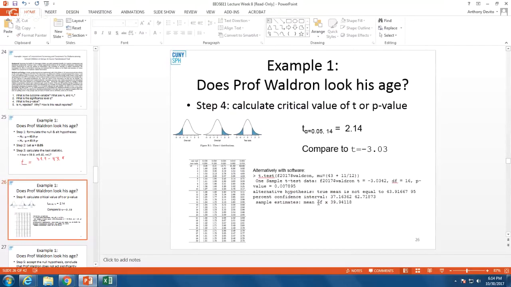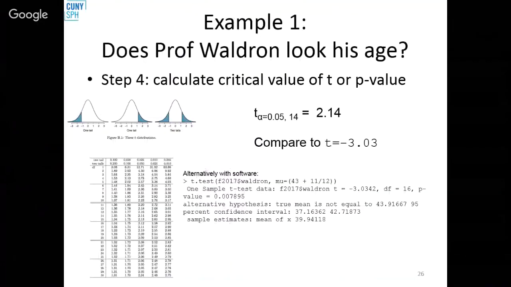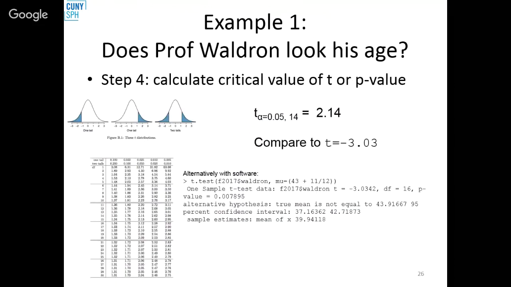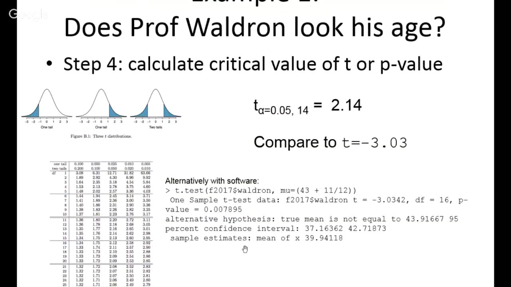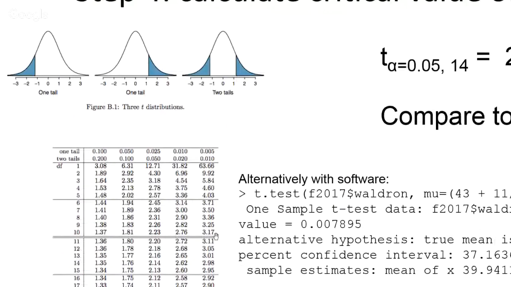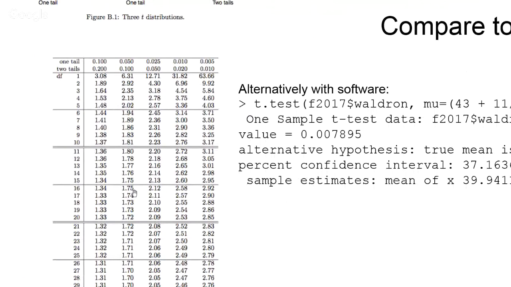So first I looked up, wait a minute, n equals 17. This should have been 17. Let's look it up on here. The critical value for 17 degrees of freedom, 2.11 would be the critical.